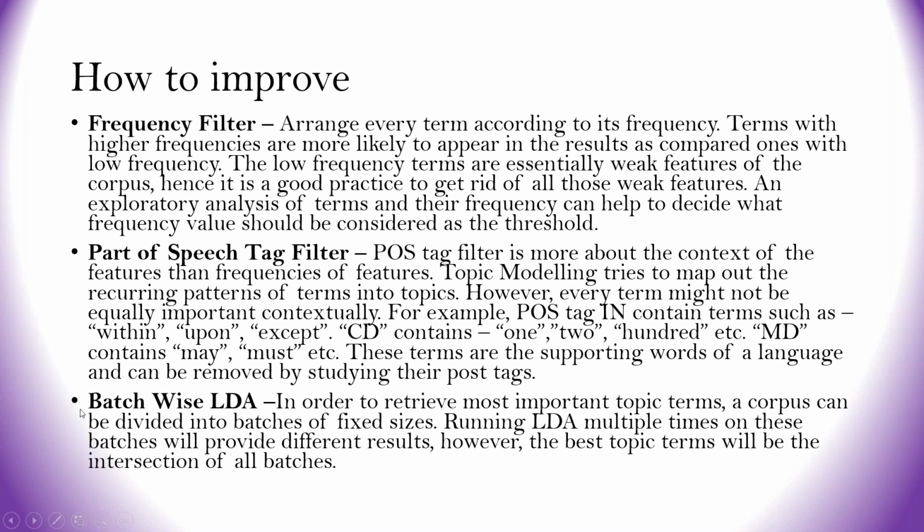Just to wrap up how to improve LDA, I'll repeat the three processes again. First, you can apply a frequency filter before LDA. You can use a pre-processing method to identify the document-term matrix along with its frequency values. After finding the frequency values, you can arrange them in ascending order, or plot them with any graph, such as a distribution plot.